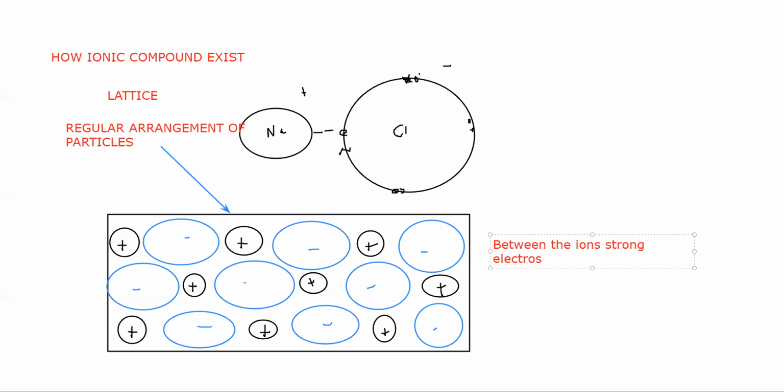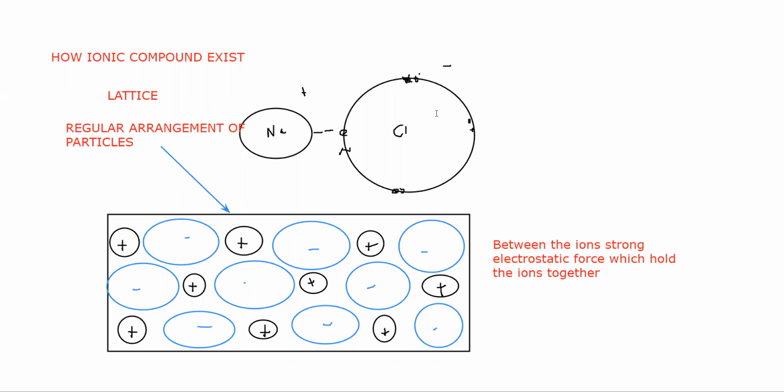The term electrostatic always refers to force between the charges. It holds the ions together. For example, in sodium chloride, this is how one sodium is bonded with one chloride, but there are millions of sodium and millions of chloride bonded together and arranging themselves in a regular geometry or structure. We call that a lattice.